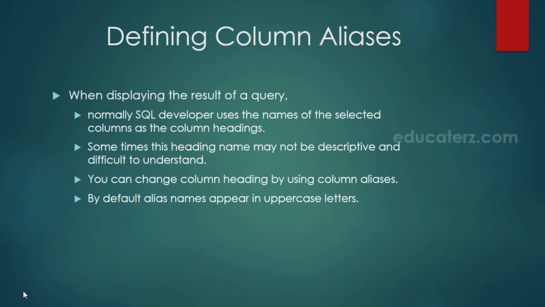Sometimes this heading name may not be descriptive or may be difficult to understand. In that case, you can change the column heading by using column aliases. By default, column aliases appear in uppercase letters.